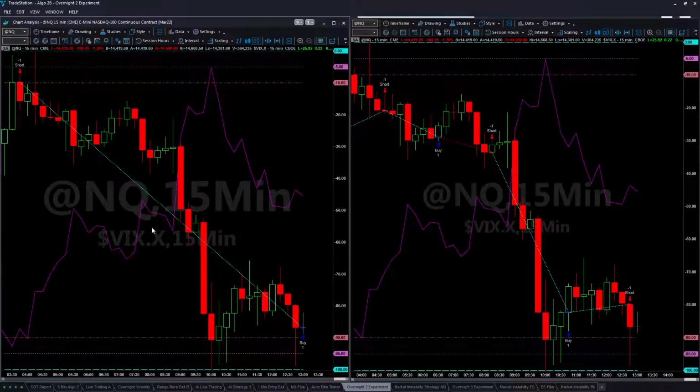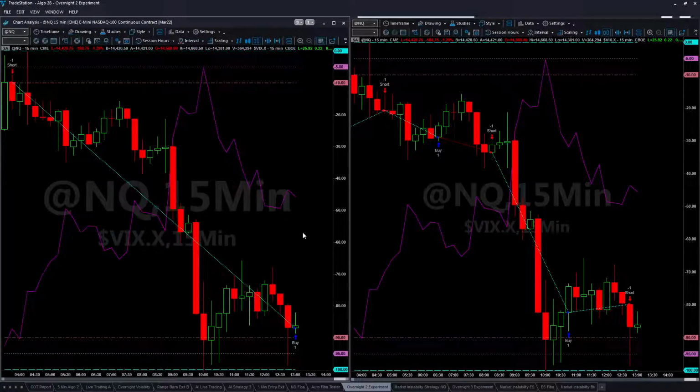Okay, and this was a no-brainer right here. This was an easy trade to take this morning, and you could have made a whole bunch of money just going to the downside right there. That's it. And so I look at this for directional bias in the AM session. And when I get confirmation with something like this, then it's pretty simple.